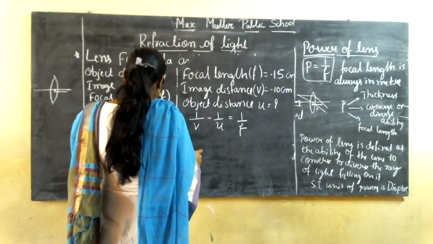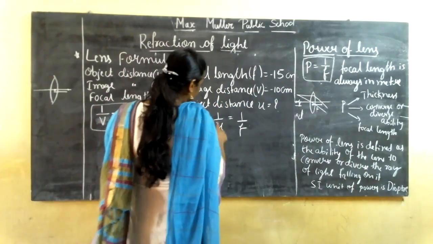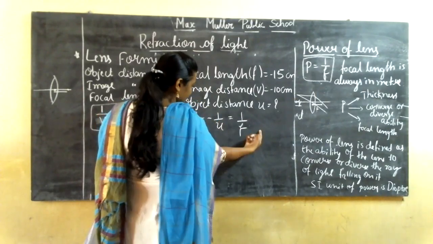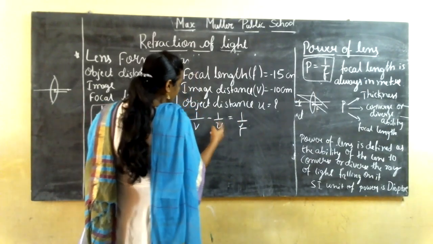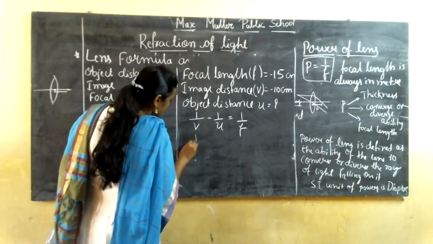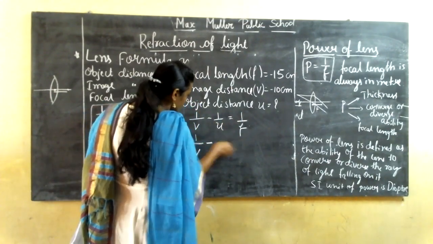So let us shift 1 by u to the right side and 1 by f to the left side, so that you will get 1 by u on one side. So 1 by u is equal to 1 by v minus 1 by f.